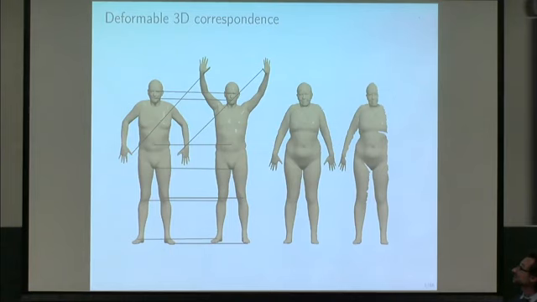Just as a brief reminder, we are talking about correspondences between deformable 3D shapes. So basically, we are interested in establishing a map from one manifold to another manifold. For most of our users, these would be two-dimensional manifolds embedded in the three-dimensional Euclidean space.